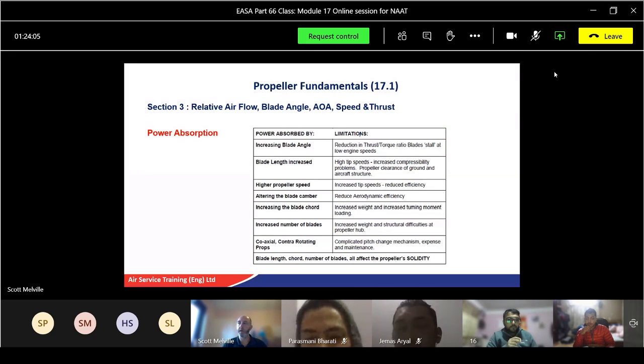If we increase the forward speed of an aircraft without changing the engine speed, what's going to happen to the angle of attack? Will it increase or decrease?